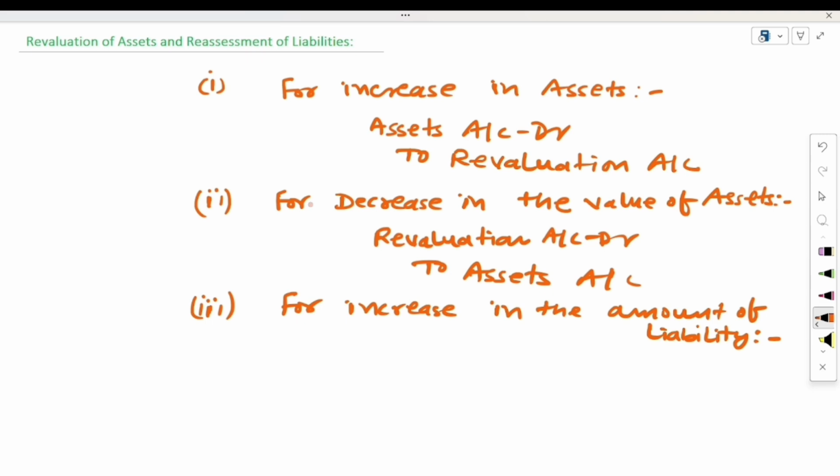As we know, according to the modern approach, increase in liability will be credit and decrease in liability will be debit. So here, if the value of liability increases, we pass the entry: revaluation account debit to liability account.